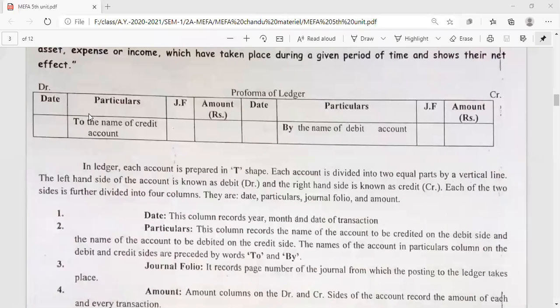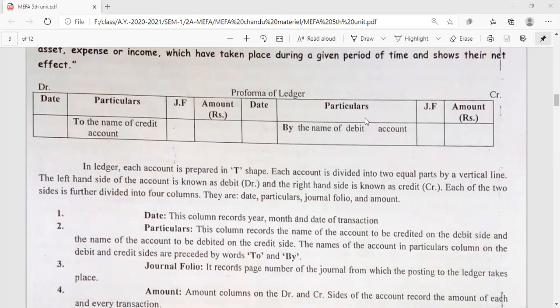This is saying where this money is going. On the debitor side, we are mentioning why we have debited. And here we are writing the name of the debited account from where we have withdrawn.